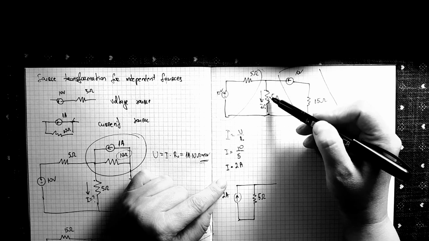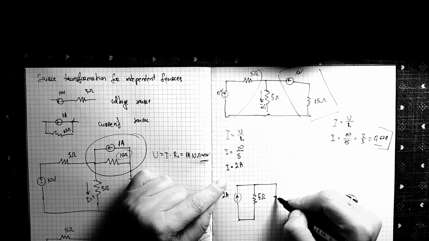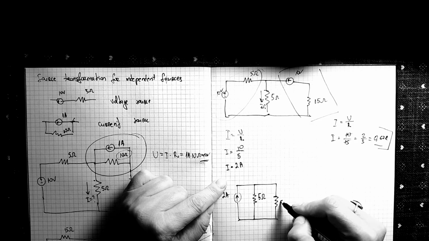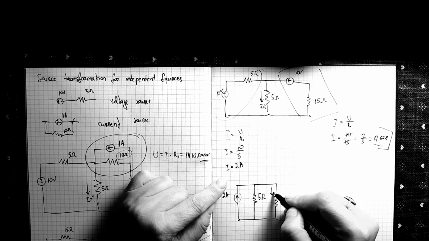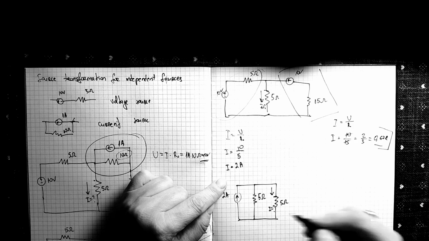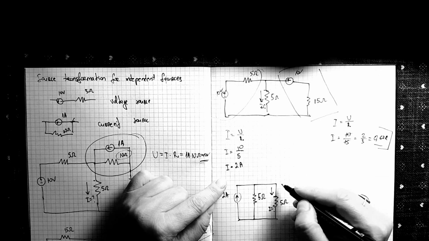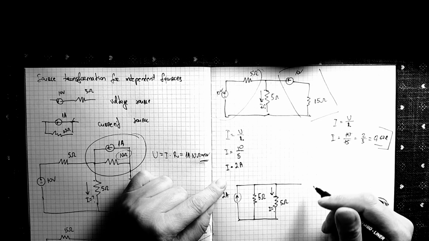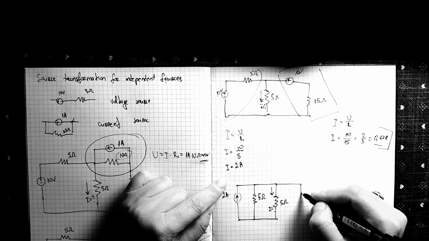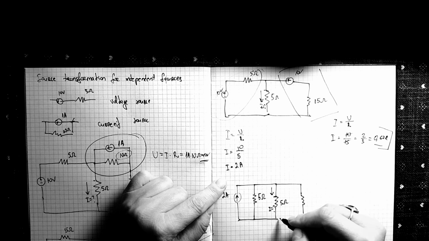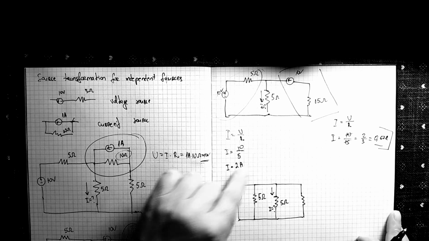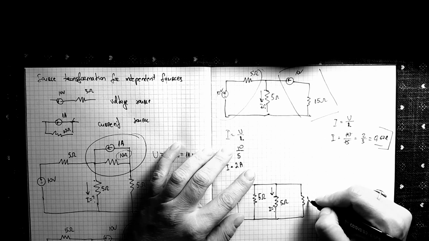Don't forget to redraw this one here. We'll give a sign for the current that we are looking for to avoid any confusion. Also this one goes here, and let's draw the first resistance, which we said is 15, as you remember.